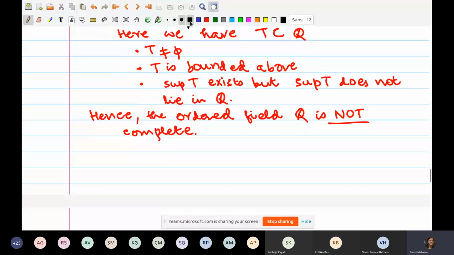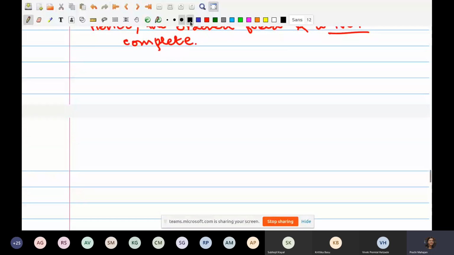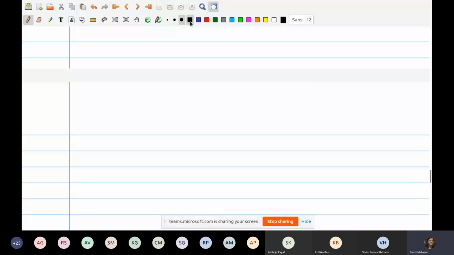Okay. So let's move on to the next topic that I would like to talk about: the extended real number system. Just take a small note of that. The extended real number system.